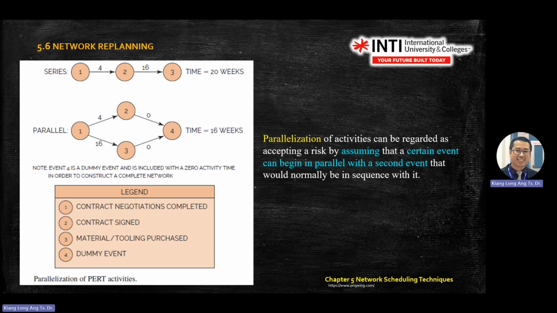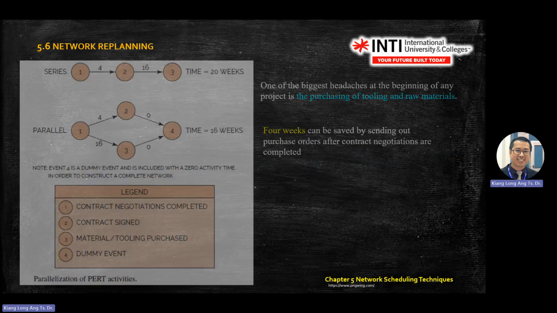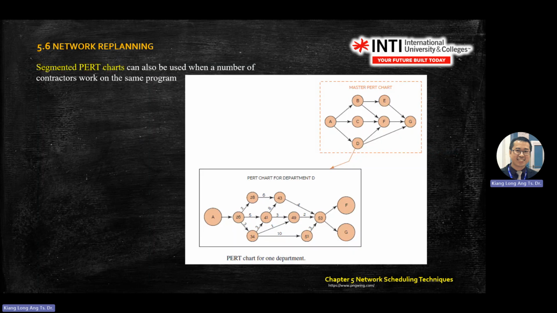There's one called series, one called parallel. So you will see parallel and series presentation. Okay, the rest you read. Segmented chart or network. Segmented means you pull out one of the processes.